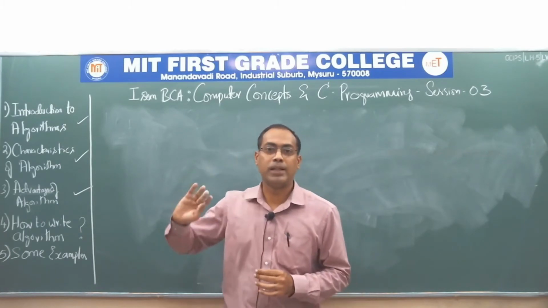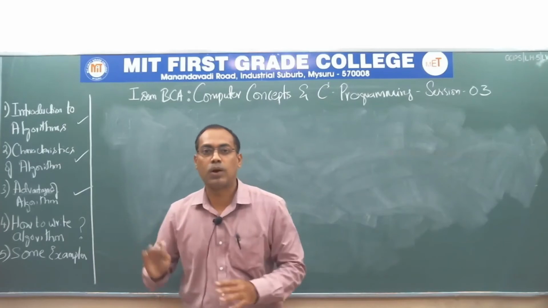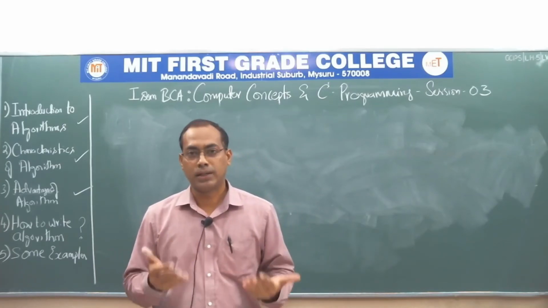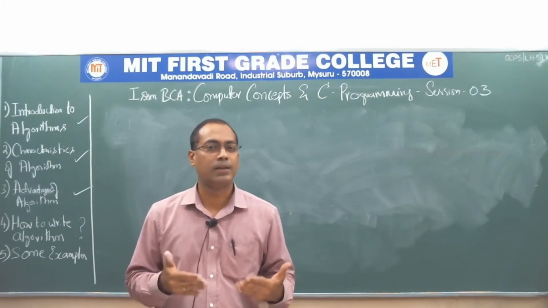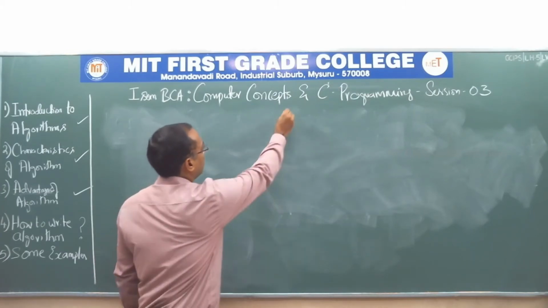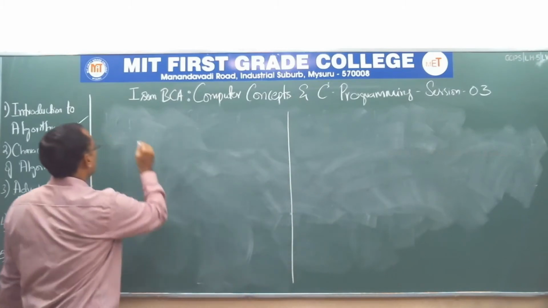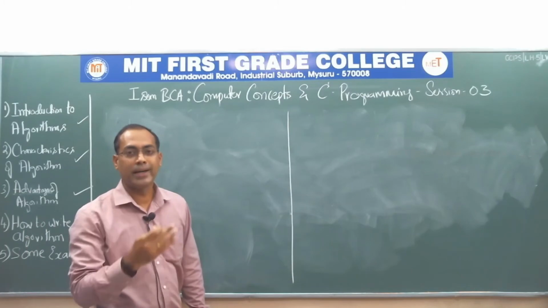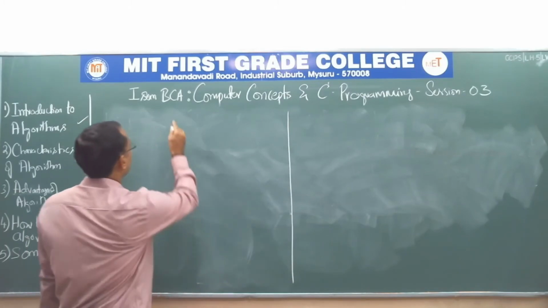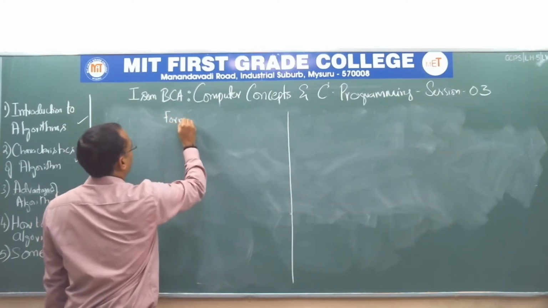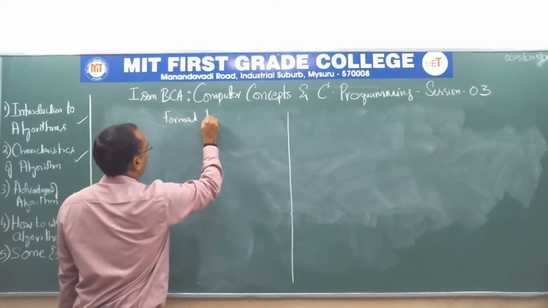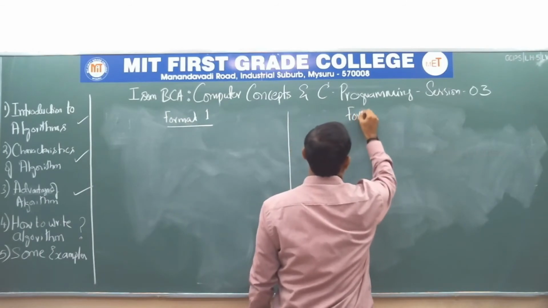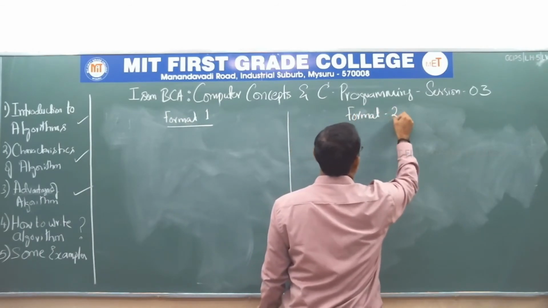For algorithms, there is no standardized way in textbooks or literature, but it is up to the programmer to write the algorithm in their own standard form. Generally there are two formats of writing an algorithm. I will explain both. Here I will write format 1. Here I am going to write another format, that is format 2.